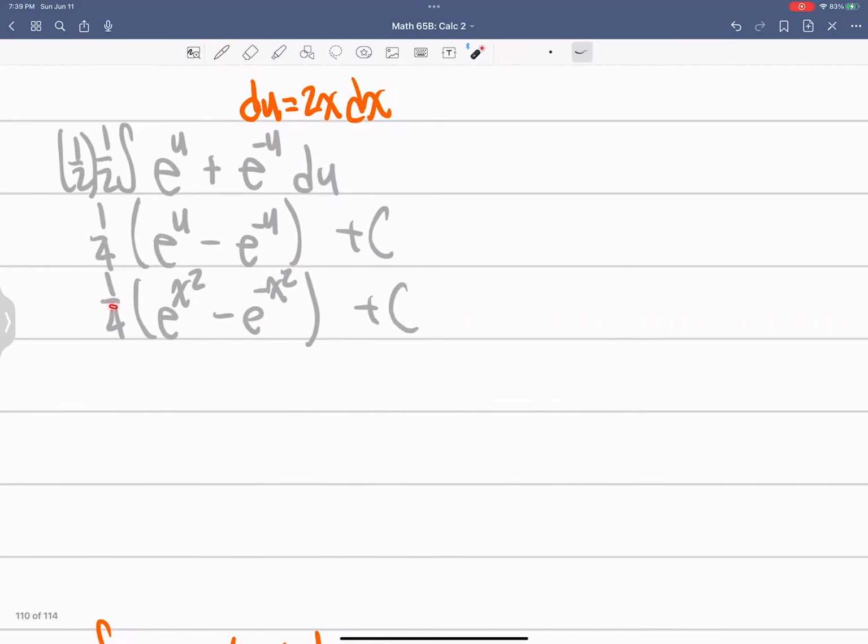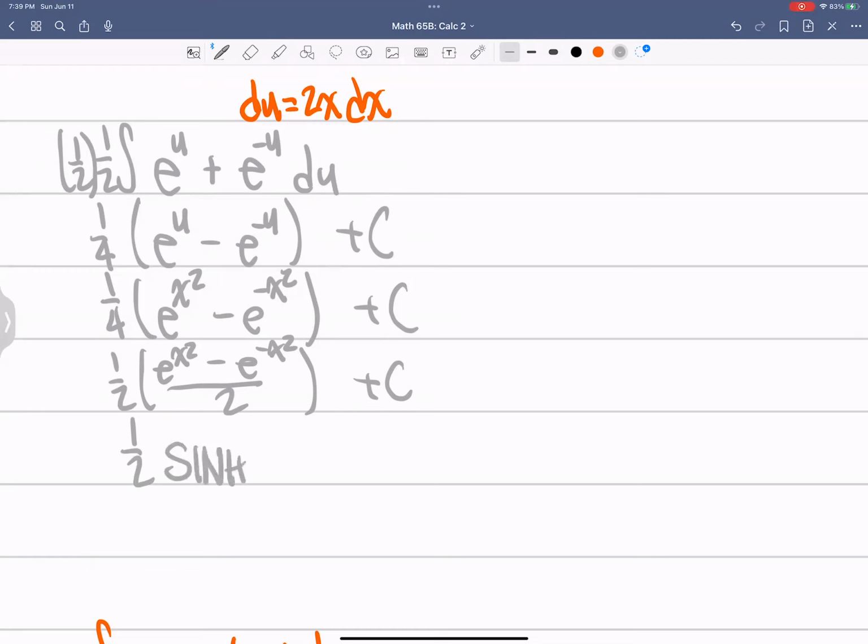I feel like we could grab a 2 out of the 4 so that we can make this one hyperbolic sine. So 1 over 2 times e to the x squared minus e to the negative x squared over 2 plus c. So I see a 1 over 2 hyperbolic sine function of x squared plus c.